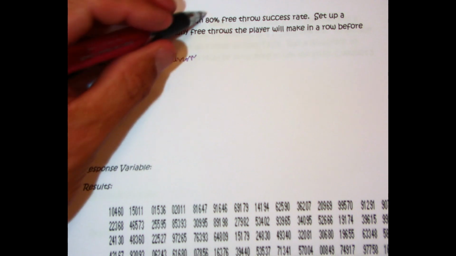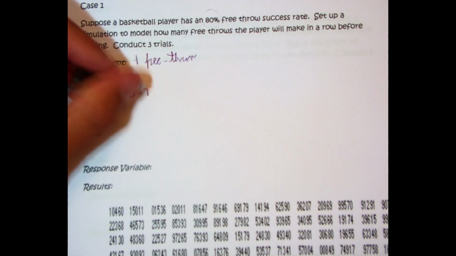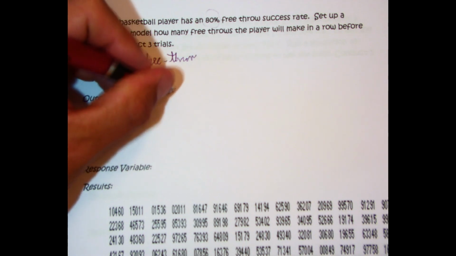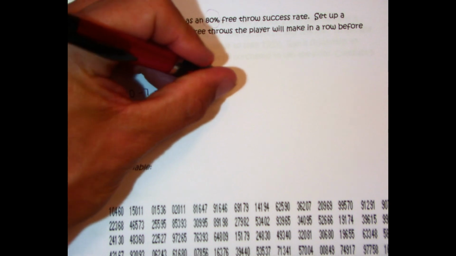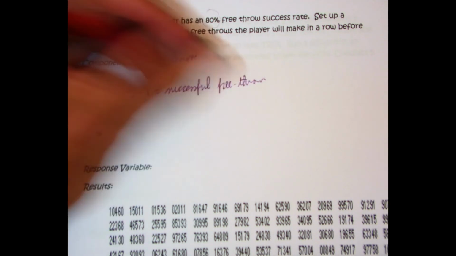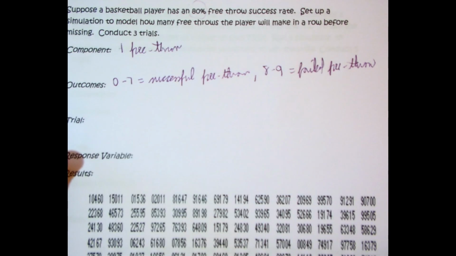Well, this is divisible by 10, so I could go 0 through 7 equals a successful free throw, and then 8 and 9 equals a failed free throw. That's one way of doing it. That's with single digit numbers.